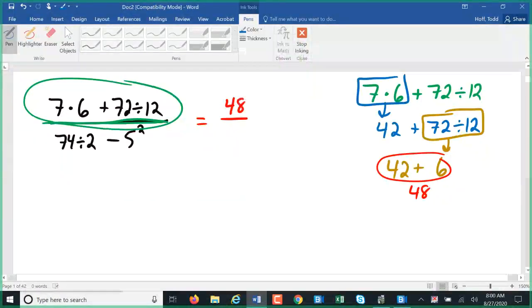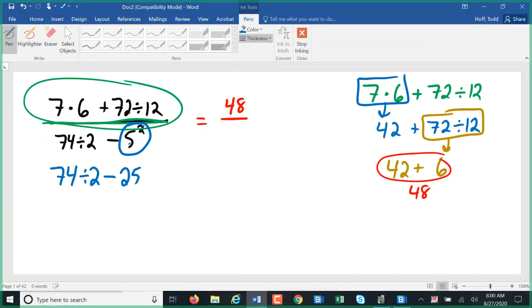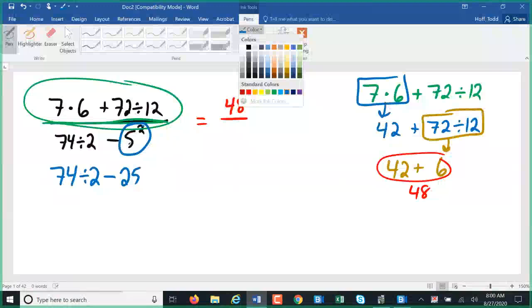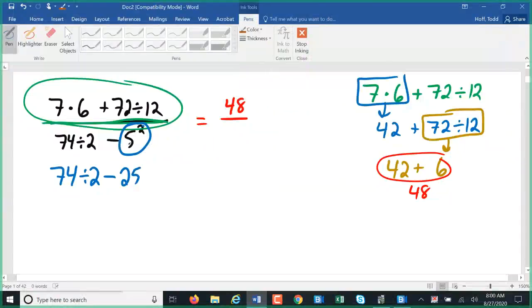Now we work on bottom. On bottom, no enclosing symbols. We do have an exponent. 5 squared is 25. No more exponents, but we do have division. 74 divided by 2 is 37.